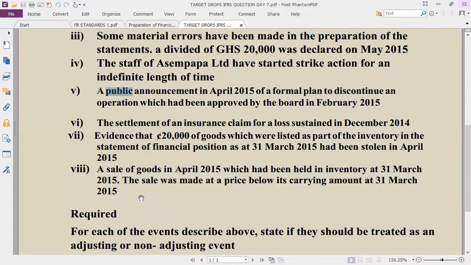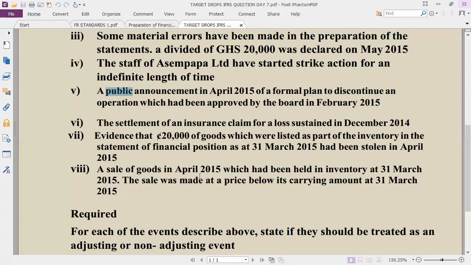Let's go to 7. Evidence that 20,000 cedis of the goods which were listed as part of the inventory in the statement of financial position as of 31st March 2015 had been stolen in April 2015. Adjusting or non-adjusting?